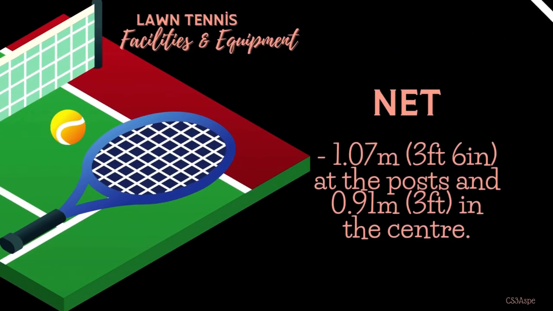The height of the tennis court net is 1.07 meters or 3 feet and 6 inches at the post and 0.91 meter or 3 feet in the center.